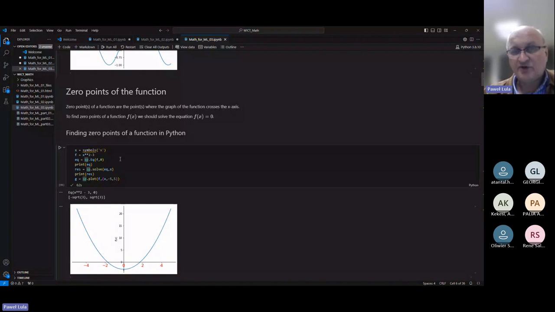Of course, not manually, because we have the Python language, and we are going to use the SymPy package for symbolic calculations. Solving equations also belongs to symbolic calculation. And we can try to do it.